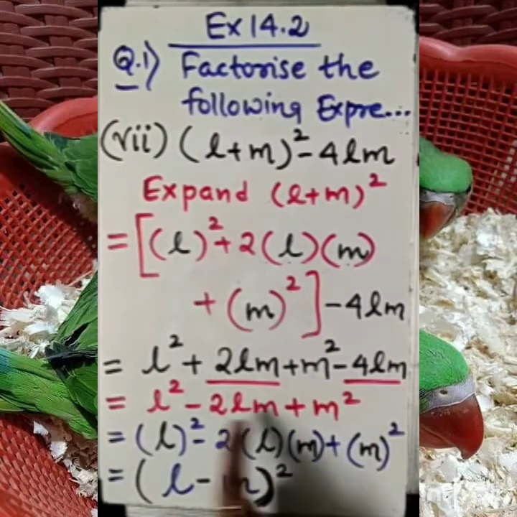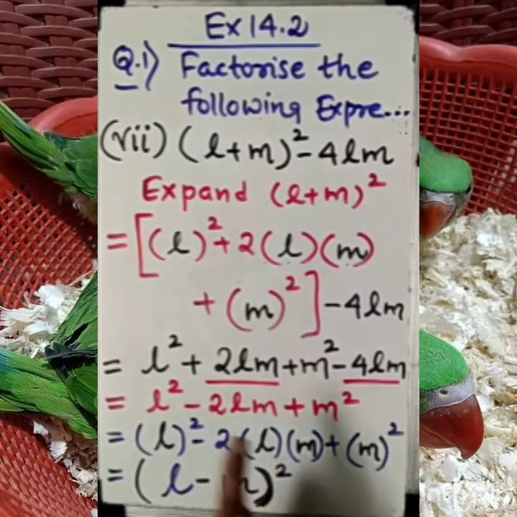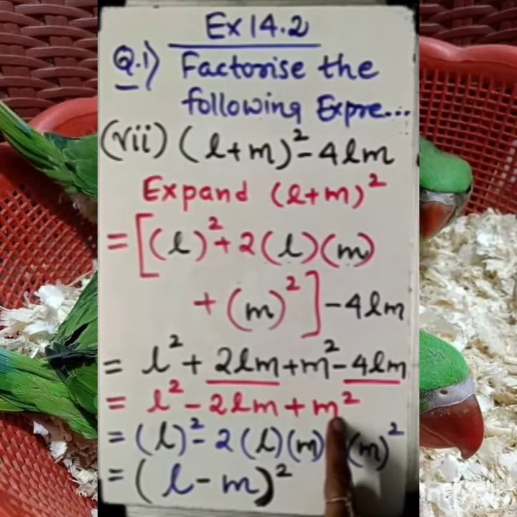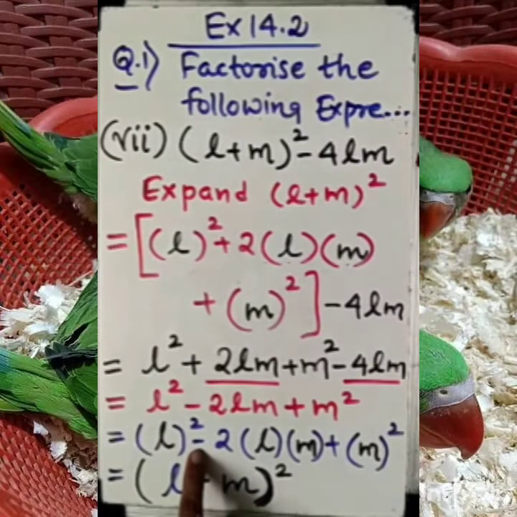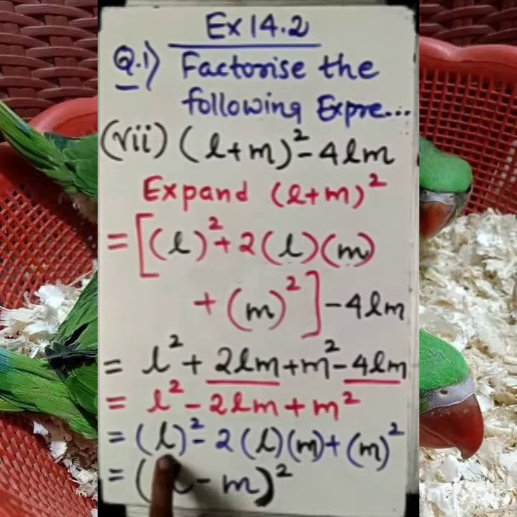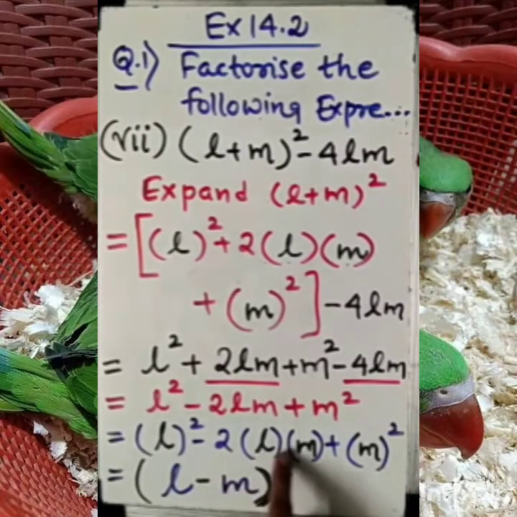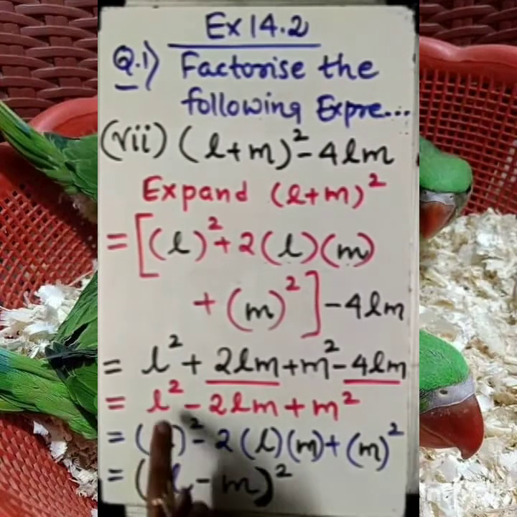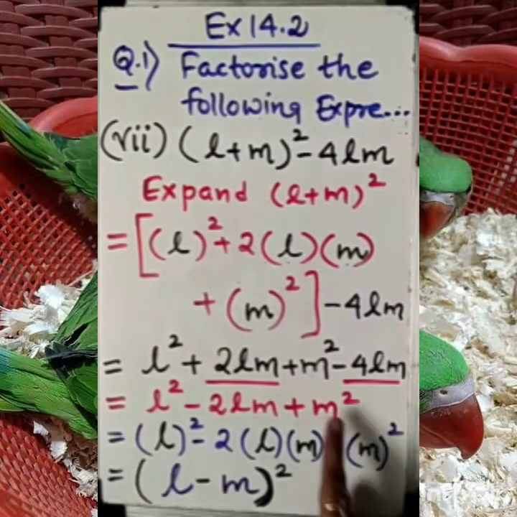This is only expansion. So again we need to check here: the first term and the last term are the perfect squares of l and m. So let's apply the second identity here. We will have a square minus 2ab plus b square. If we compare, what is a? That is l. What is b? That is m.